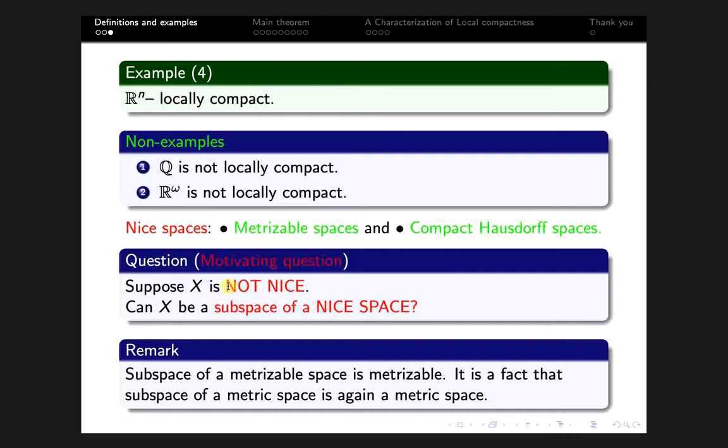That is, does there exist a nice space such that X is homeomorphic to a subspace of the nice space? And note that a subspace of a metrizable space is also metrizable, because a subspace of a metric space is again a metric space.